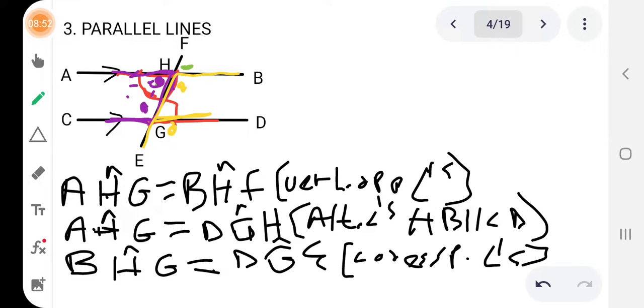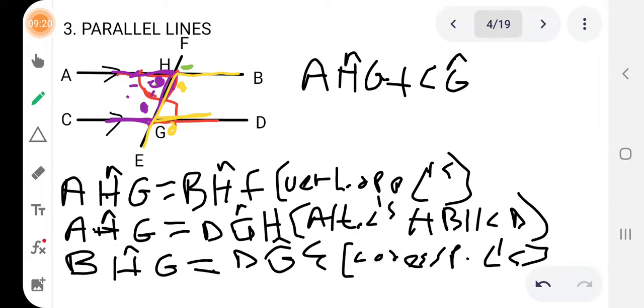Okay, so we also have co-interior angles. We are simply going to say angle AHG plus angle CGH equal to 180 degrees.